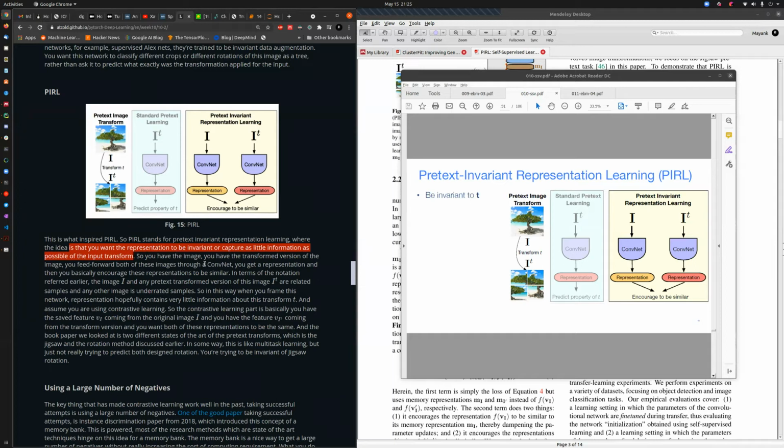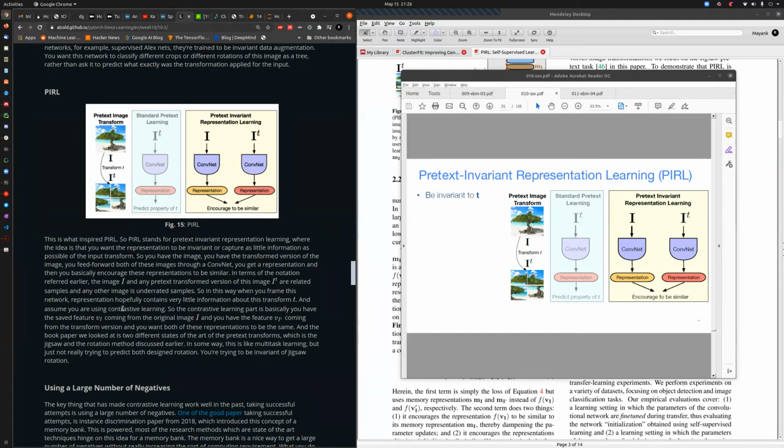So this is what it is about. And this is the sampling, the samples, the I and the I of t. And this is the transformation that they have done.